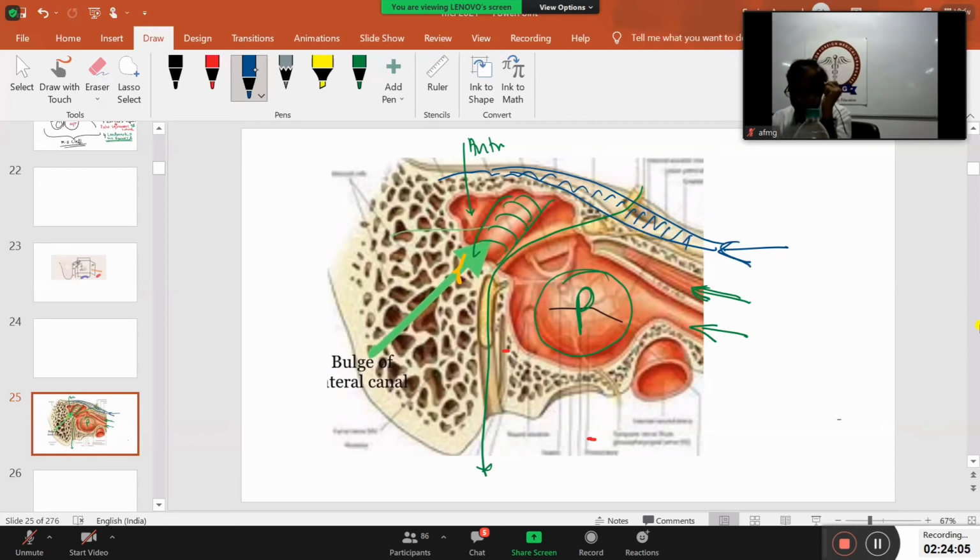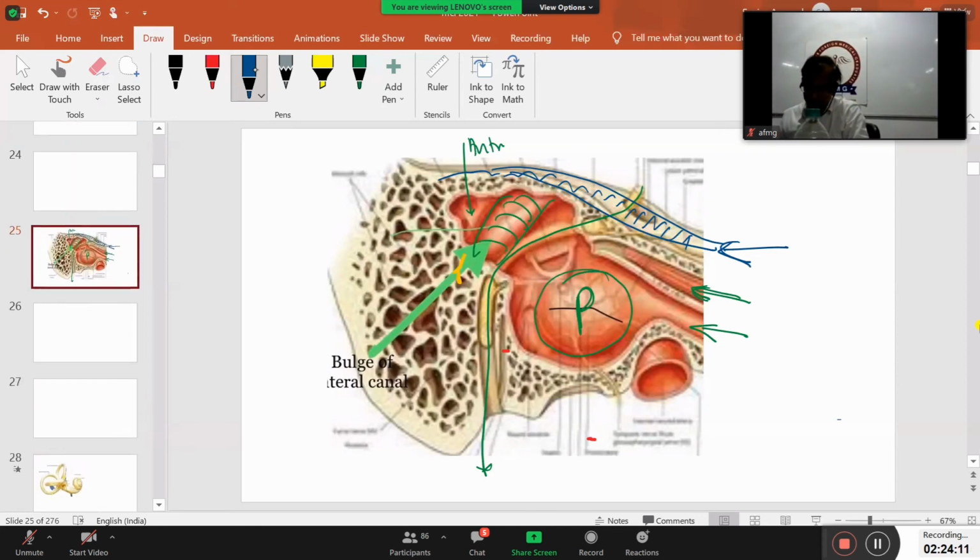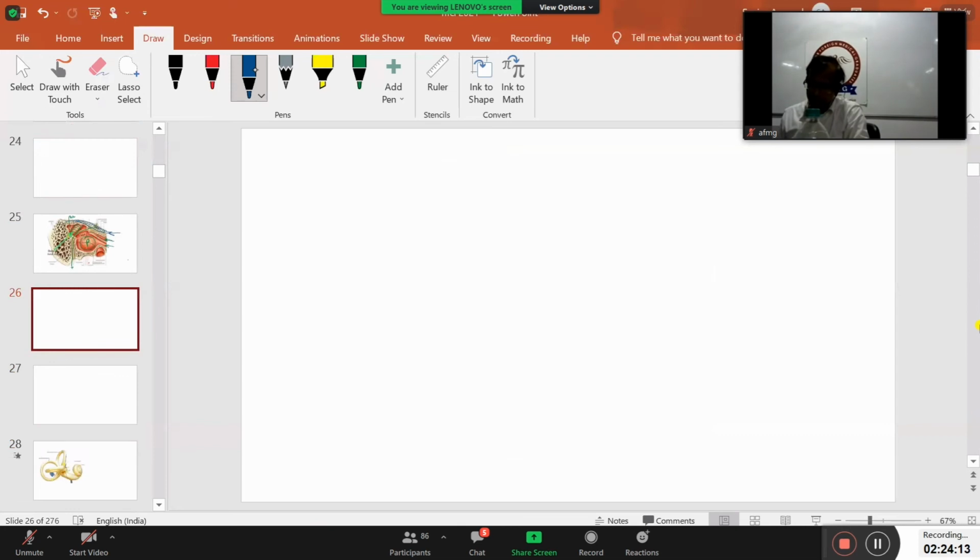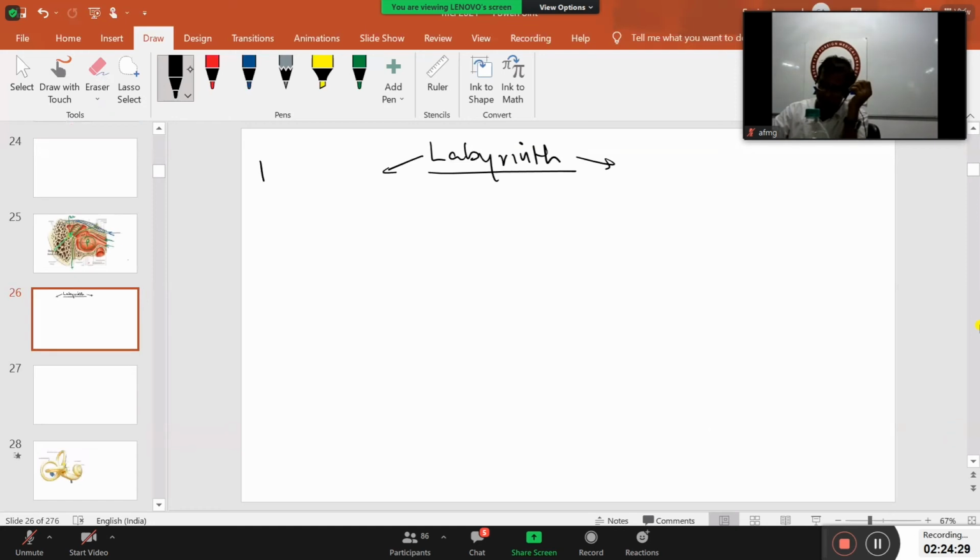This is segment tympanum. But this also compares the anatomy of the mastoid. And the last part of the ear anatomy that you have to know is the labyrinth, the inner ear. It has two functions. What are the two functions? Hearing and balancing.